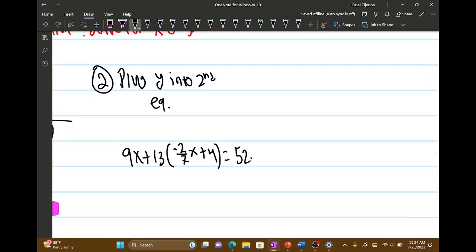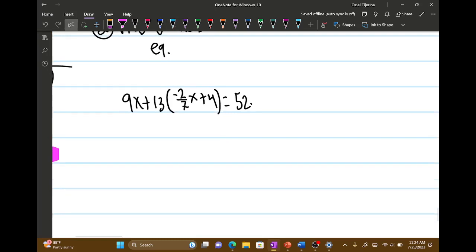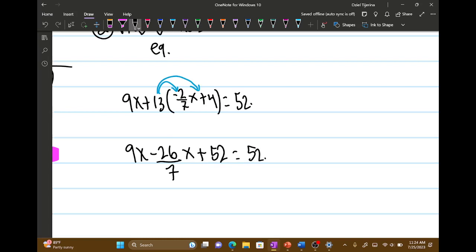This looks a little funky, but as long as you know how to deal with fractions, it's fine. We first distribute, and we have 9x minus 26 over 7 x plus 52 is equal to 52.